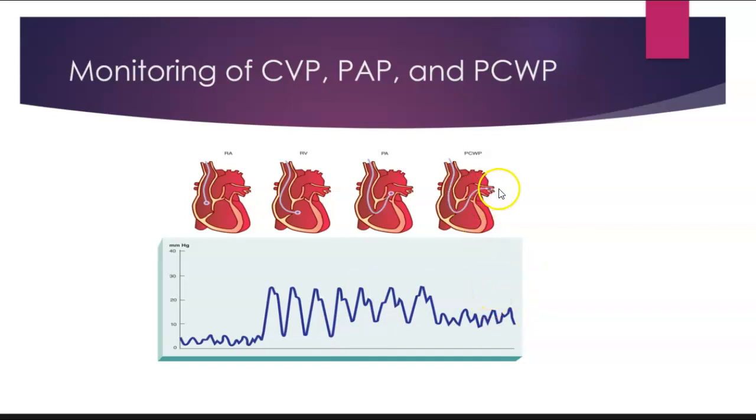Even though the catheter is located inside the pulmonary artery when we take this measurement, it is assessing the capillaries and the tissue around that vessel. So it's going to give you a better picture of how our left ventricle is working, and things like cardiac output and stroke volume.